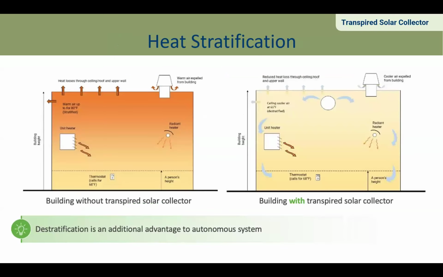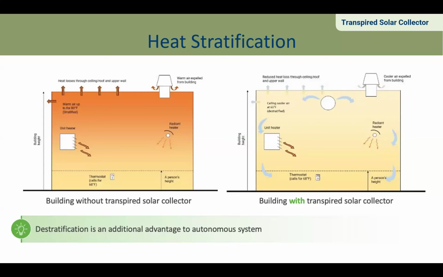Another benefit of this system is heat stratification or destratification. A lot of buildings in the United States, we blow hot air in at the top, and then we're down in the occupiable space down below. So anything that has high ceilings is fairly inefficient in terms of delivering that heat to the people that need it, because it's automatically going up to the top.